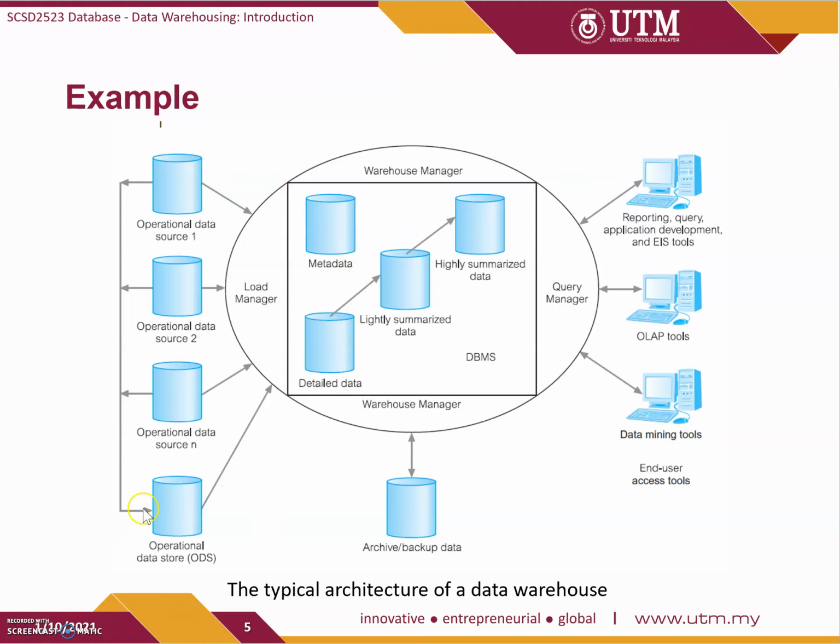At the bottom, you have the operational data store. The operational data store is structured and supplied with data in the same way as the data warehouse, but it acts simply as a staging area before the data is moved to your data warehouse.